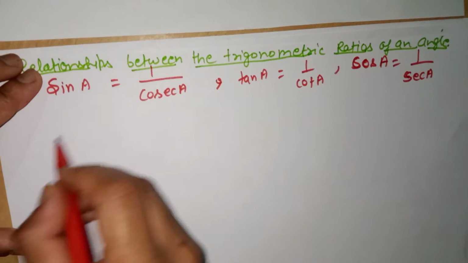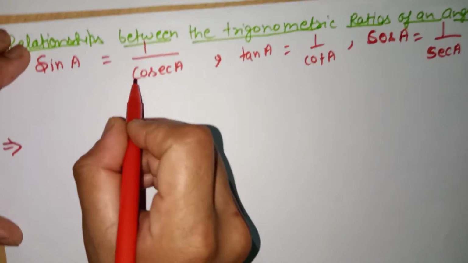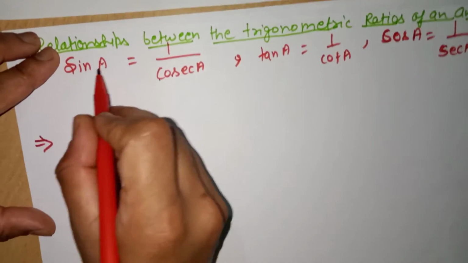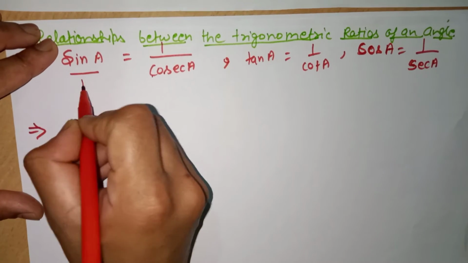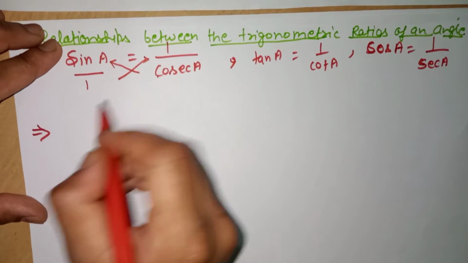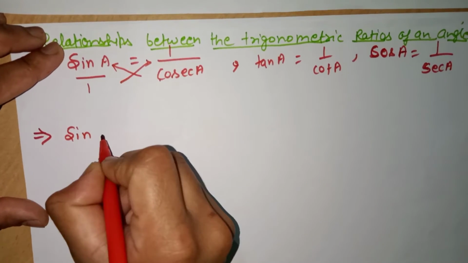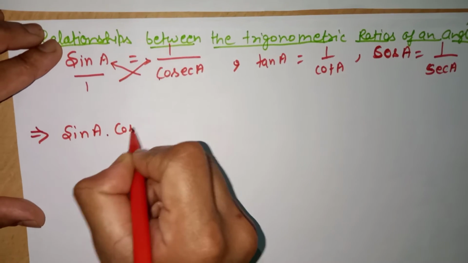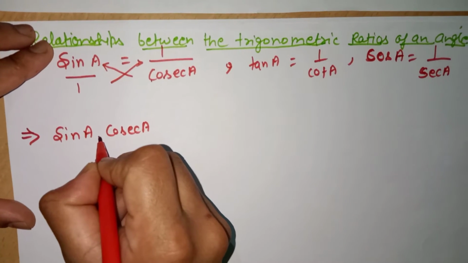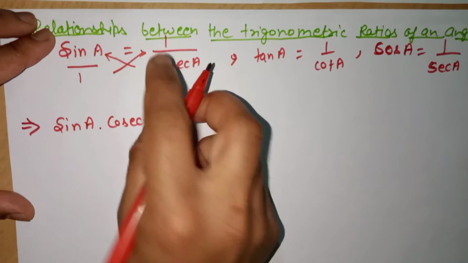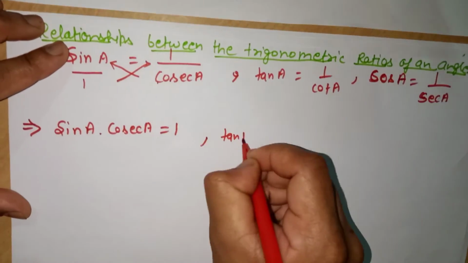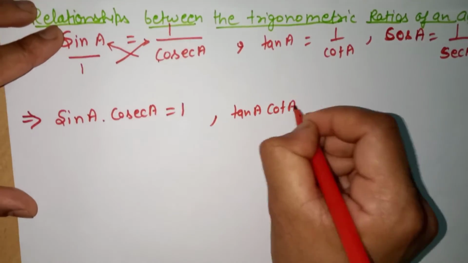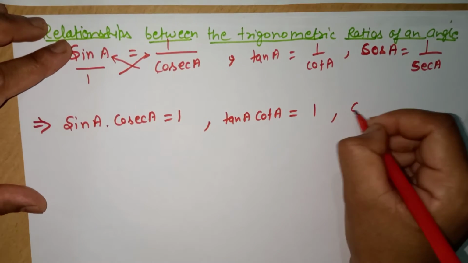So from here we can find that if we multiply cosecant with sin A, or you can say if we write 1 here and cross multiply them, then this formula will become sin A cosecant A. Here we have put the dot to denote the multiplication, then this will be equal to 1. Similarly tan A and cot A is equal to 1.